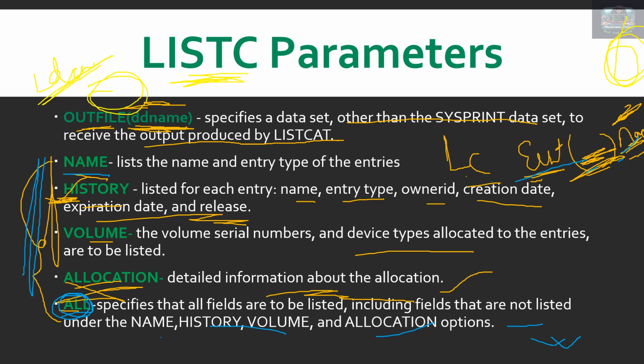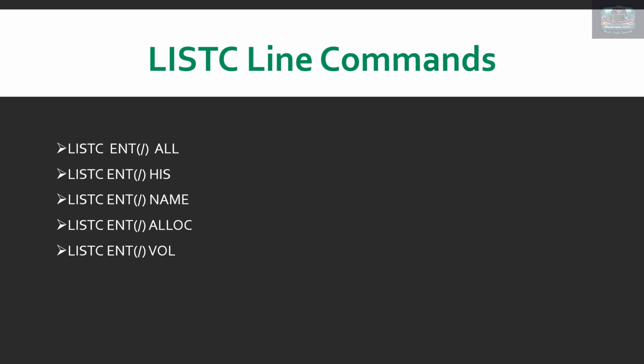ENT ALL, ENT ALL. ENT is nothing but entry. Entries ALL, when you want the data set entries and all information. So as I told you, LISTC can be given in front of the data set also. After you go to 3.4, you see the data sets.